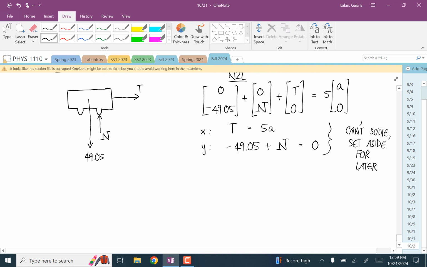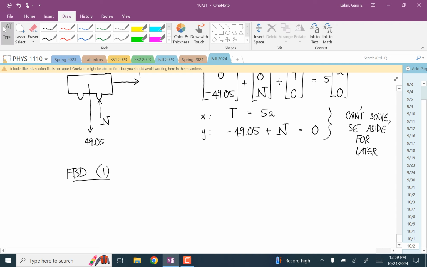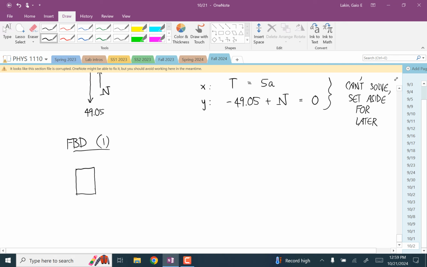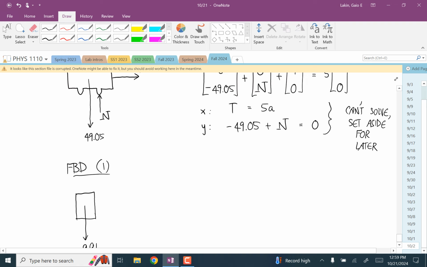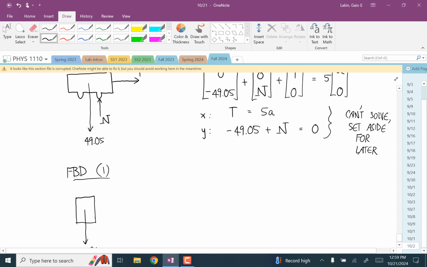And now I'll go to the hanging mass. There's a weight force of 1 times 9.81. There's a pulling force up from the cable.